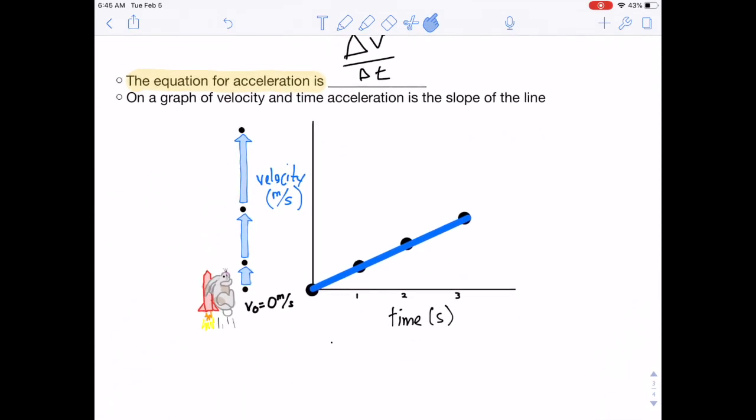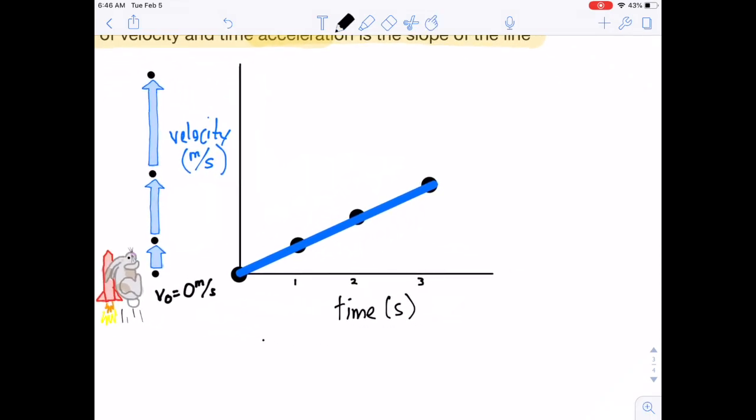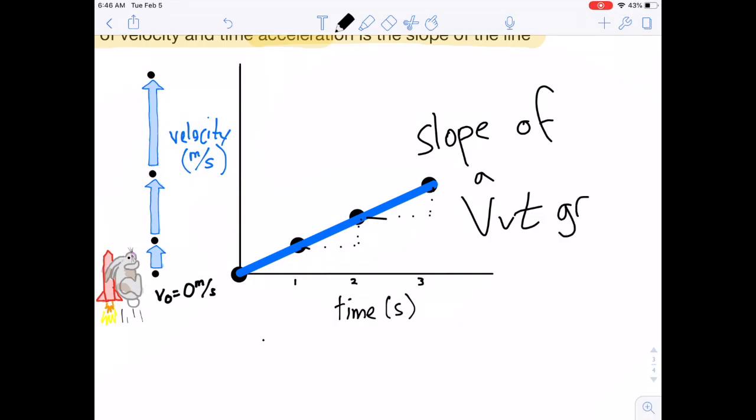Now, if we look at the graph of a velocity versus time graph, the acceleration is the slope. So the slope of a velocity versus time graph is the acceleration.